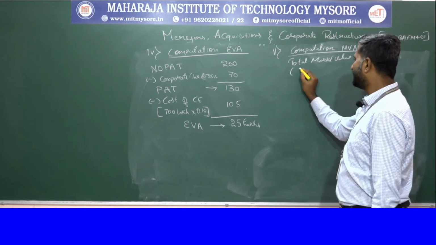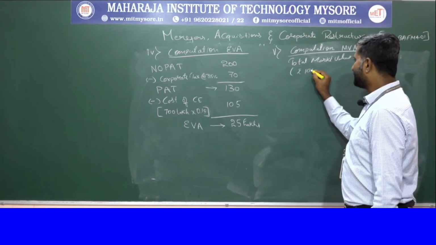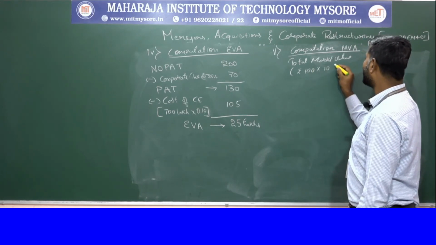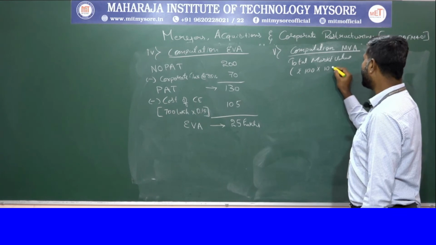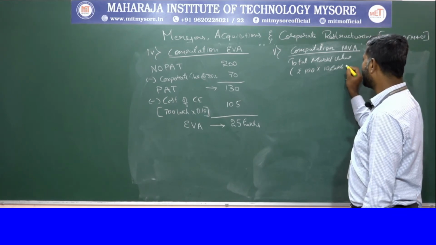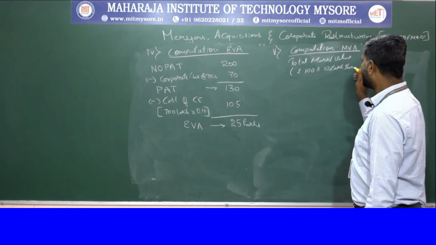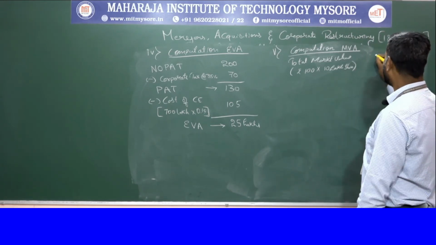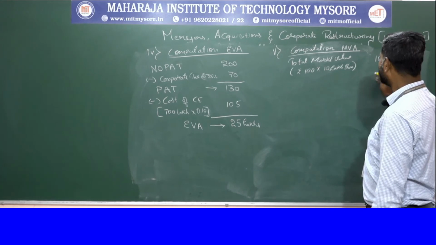As we already know, the market price given is 100 and the total number of shares is 10 lakh shares. So we are resulted with 1000 lakhs.